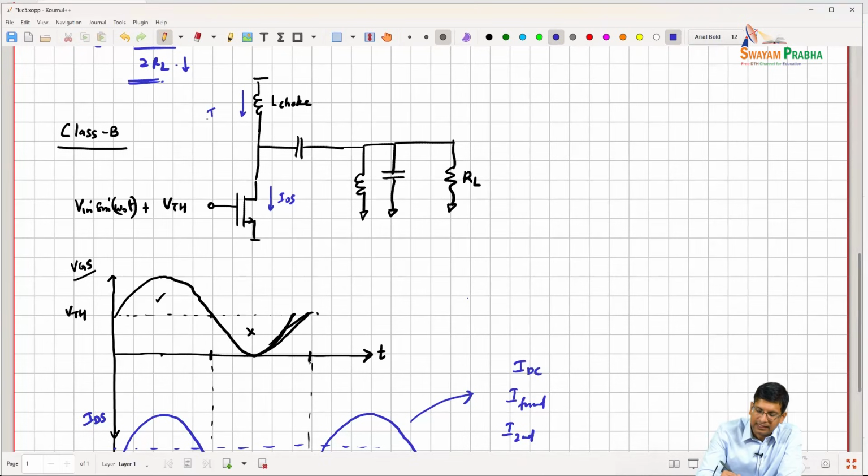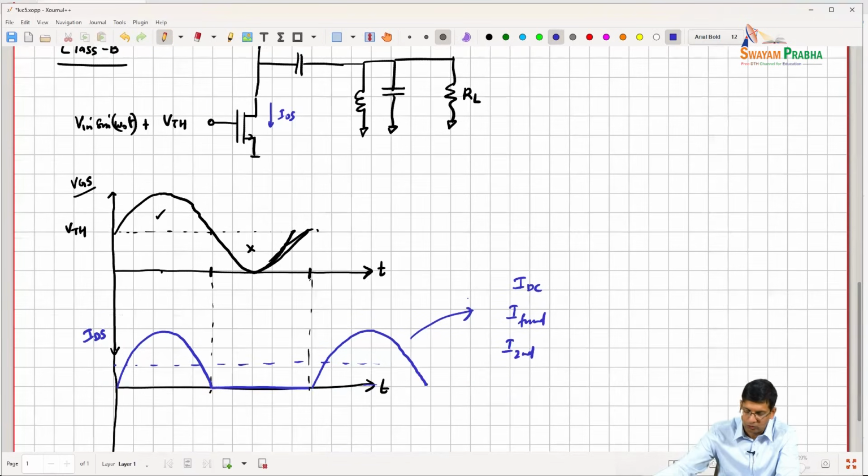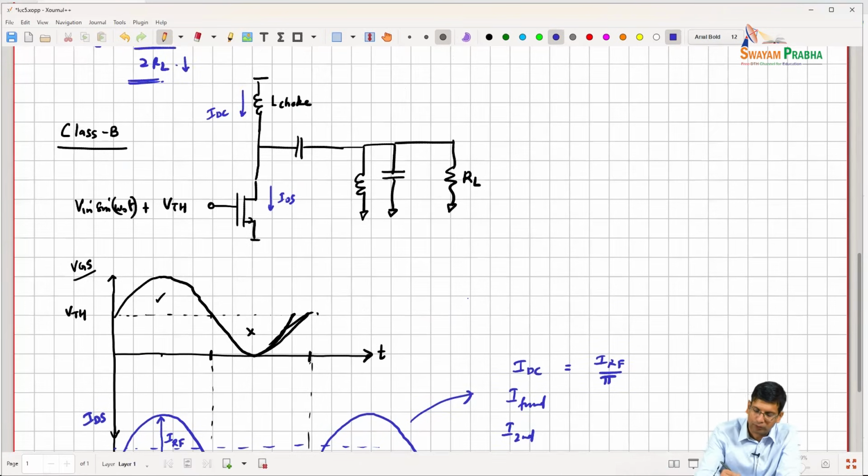So only the DC current is going to flow through the choke. If this magnitude is IRF, then IDC is IRF over pi. If you average this over cycles, you get IDC as IRF over pi. So now that DC current is going to flow through this choke.